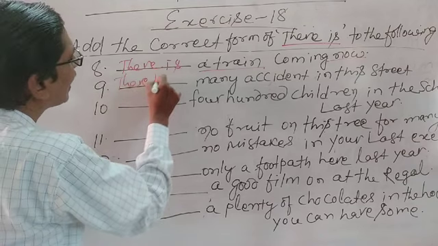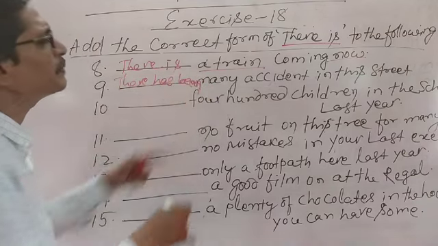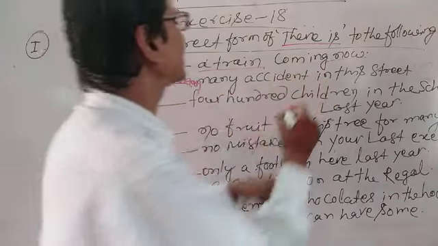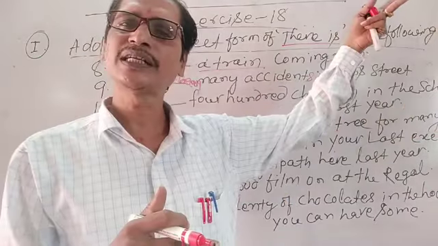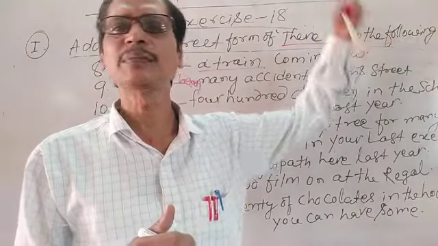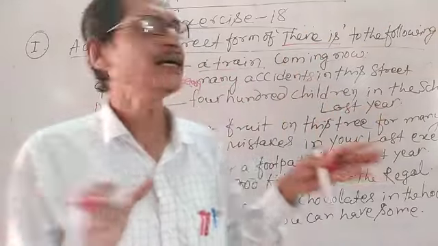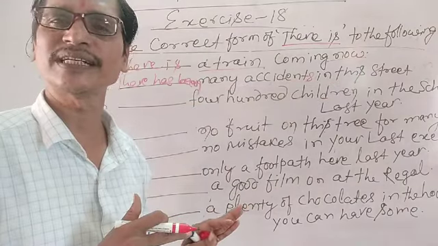There have been many accidents in this street. Last week there was an accident, yesterday, the day before there was an accident. So accidents happen regularly. Therefore there have been many accidents in this street.